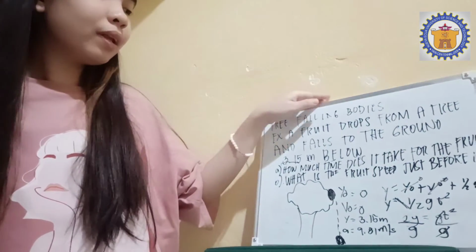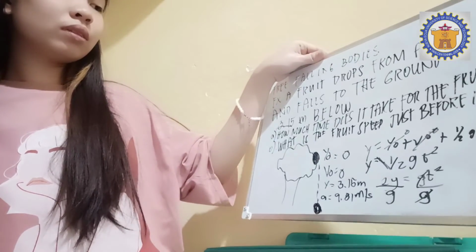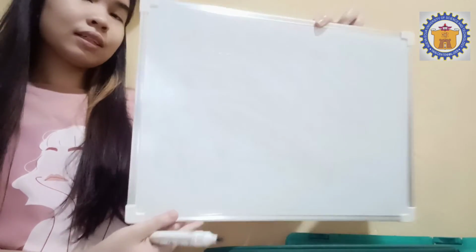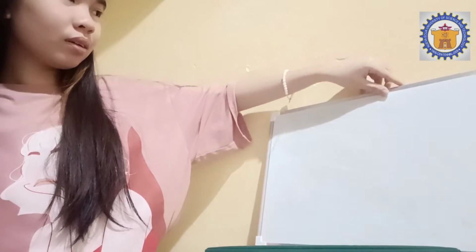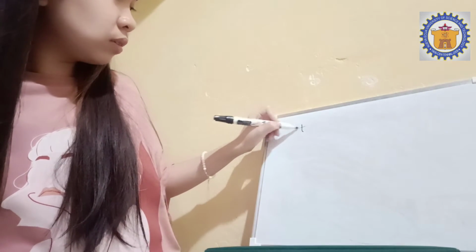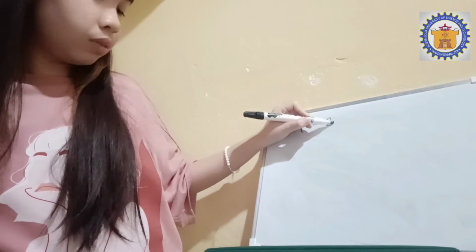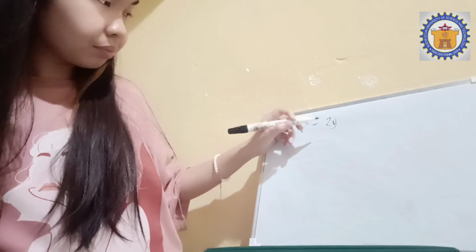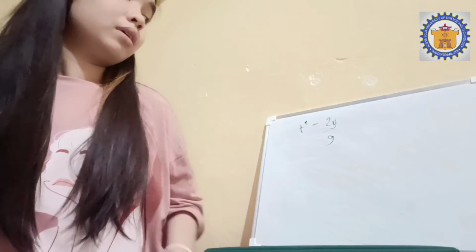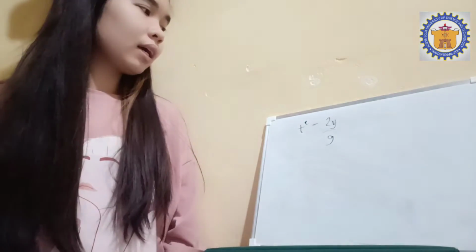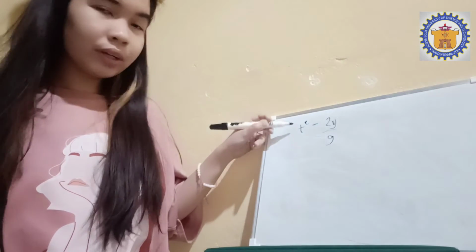So, our formula now is 2y over g is equals to t squared. Rewrite lang natin kasi hindi nakasya. t squared is equals to 2y over g. Hindi pa dito natatapos to guys kasi kailangan pa mawala yung square dito kay t.